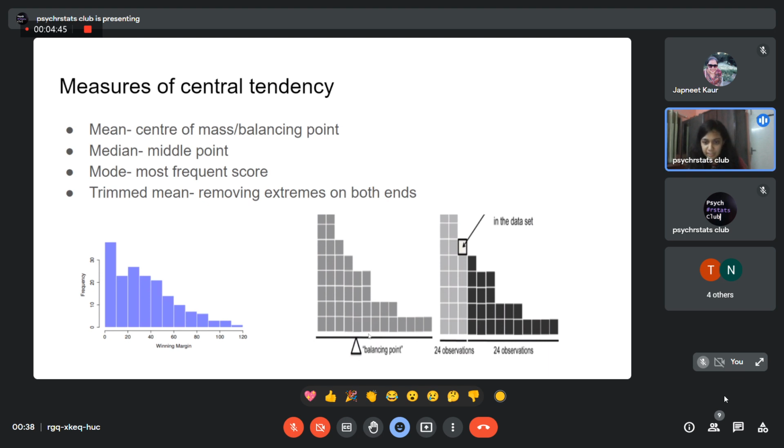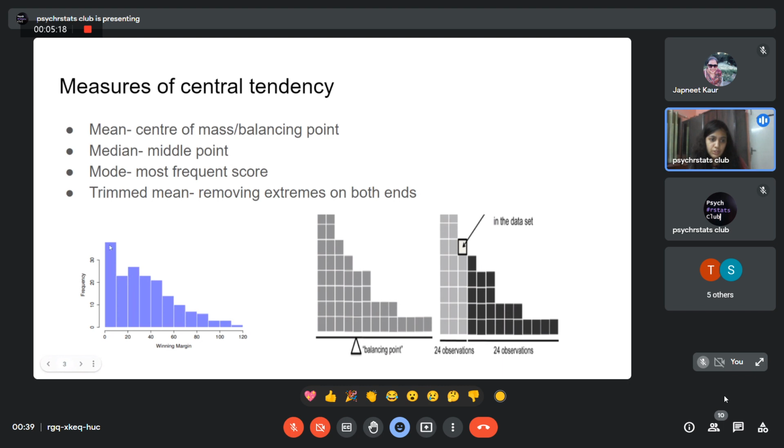It would balance the data, taking all of these data points into consideration. The median would be here. Above the median you will have 50% of the data, and below the median you will have the lower 50% of the data. And the mode is simply the score that you get most frequently in your data. So, say here we are looking at winning margins.